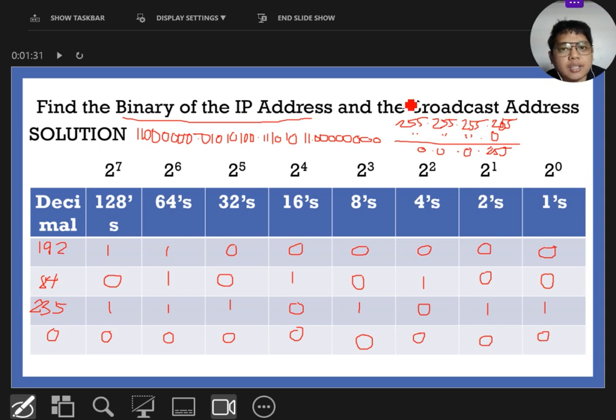To get the broadcast address, we need to add this to our network address.